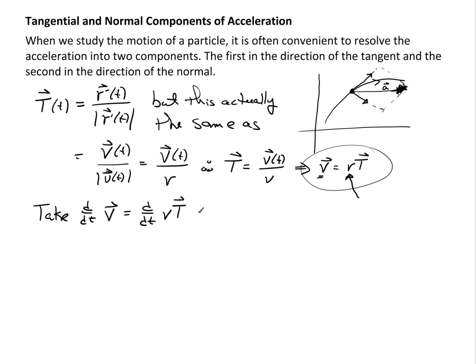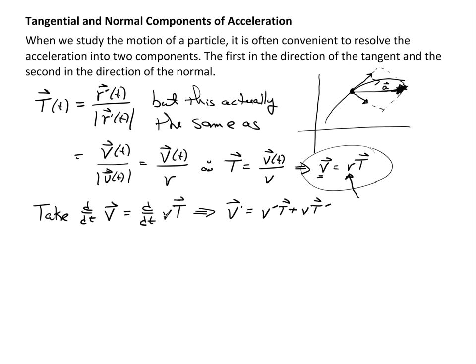So what that is telling me is that v prime is going to be equal to, if I take the derivative of the right-hand side, v prime T plus v T prime.